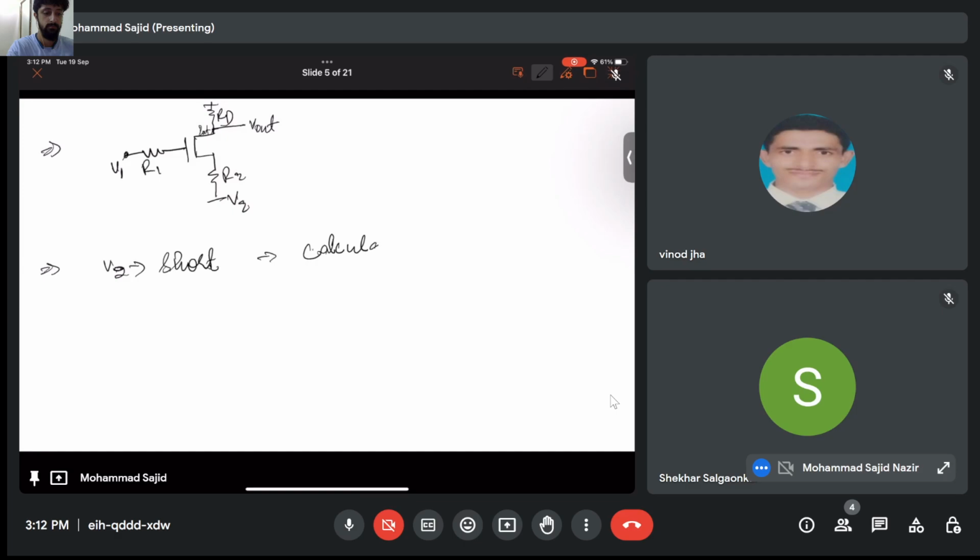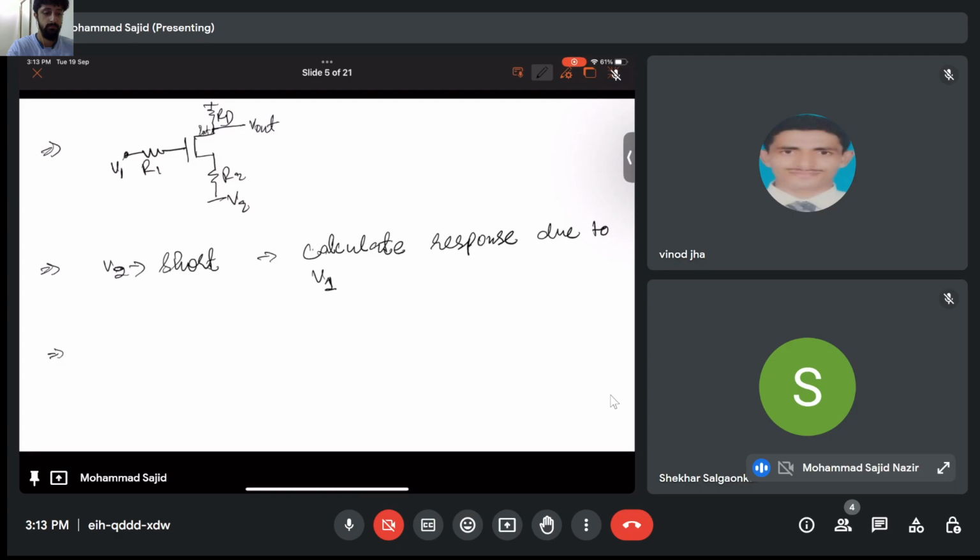This is how superposition works, and then at last you add them to get the total response. So, calculate the response due to V1.